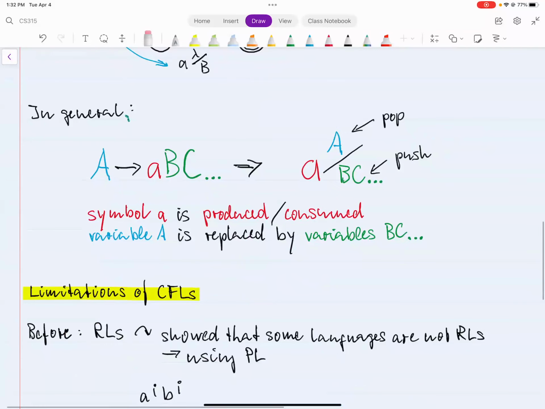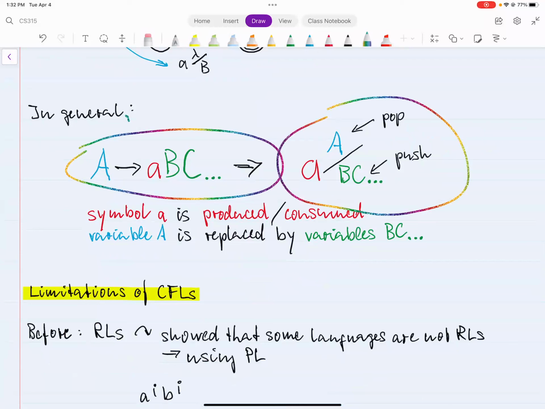More generally, I came up with a schematic representation of what I just said. So this here is the grammar side. This here is the PDA side. So you see that this piece of work that we are just about to do, meaning that we pop that symbol off the stack.